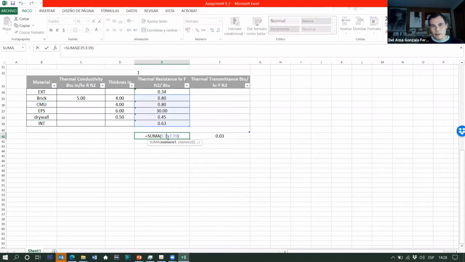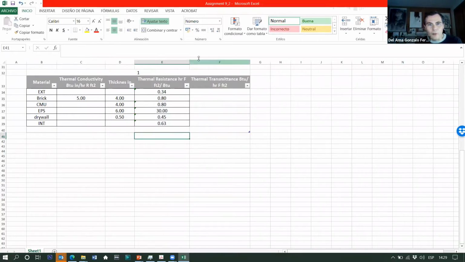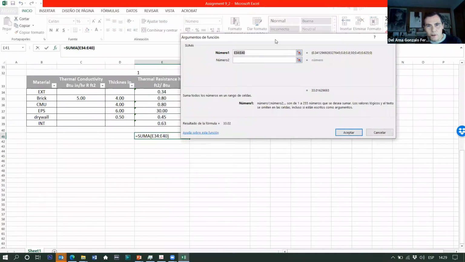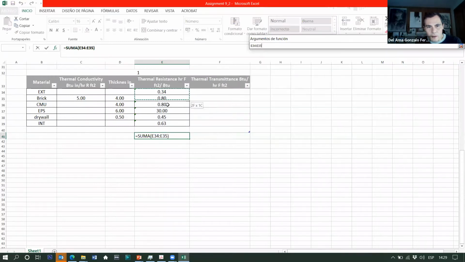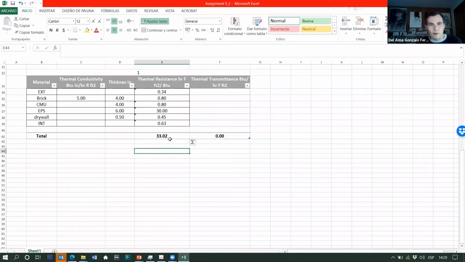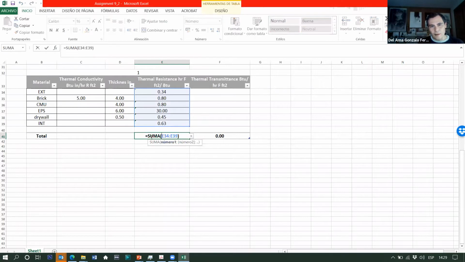And now, okay, so I'll do it again. We click here, this function. This is the sum. Now I select all this column, accept, and this is the total. This is the sum of all these values. And finally, the thermal transmittance.